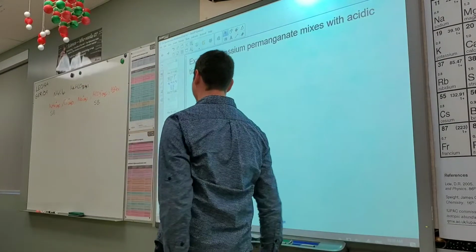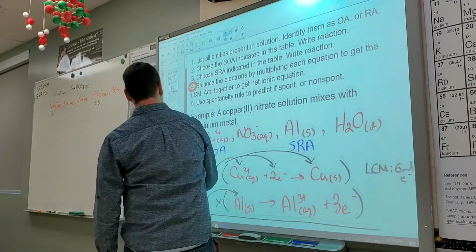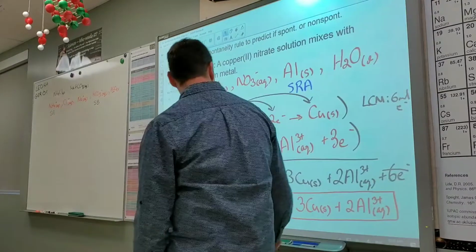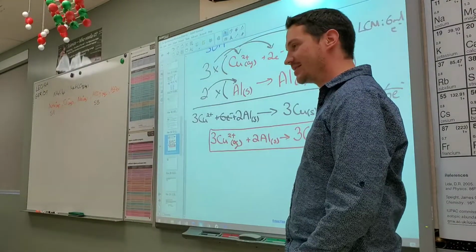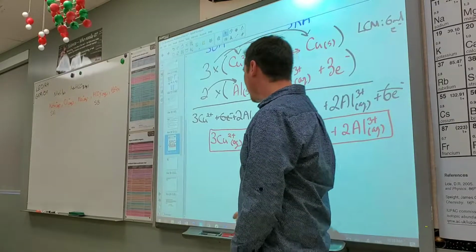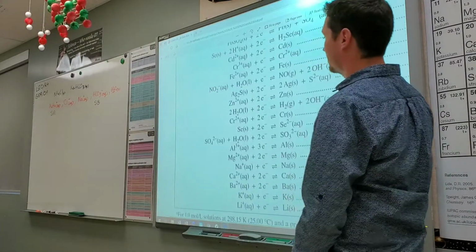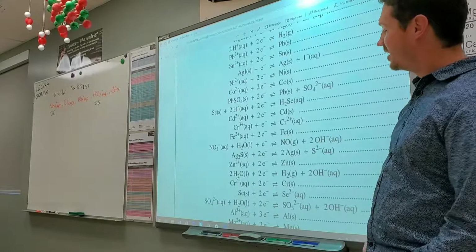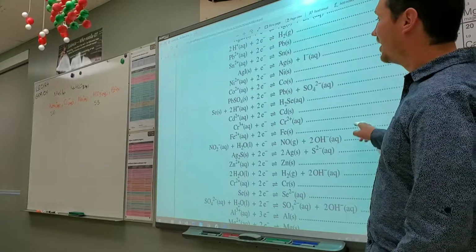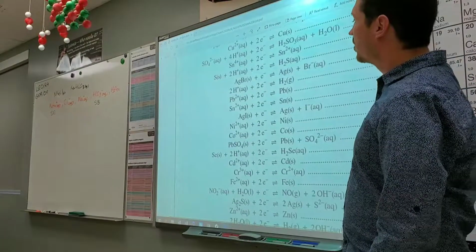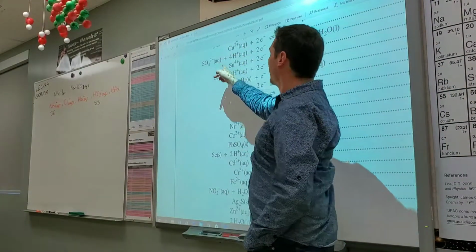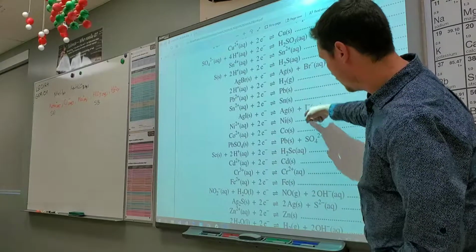Oh, yes! Oh man, I got so focused in the details that I didn't actually identify if this was spontaneous or non-spontaneous. How can you identify if something is spontaneous or non-spontaneous? Uphill or downhill, right? Is this uphill or is it downhill? Downhill. The copper 2+ is way up here and the aluminum is way down here.